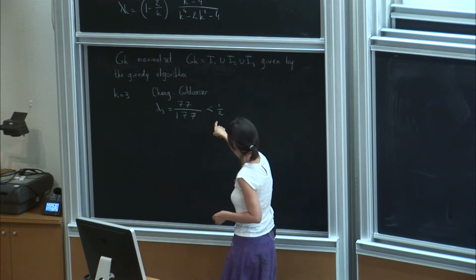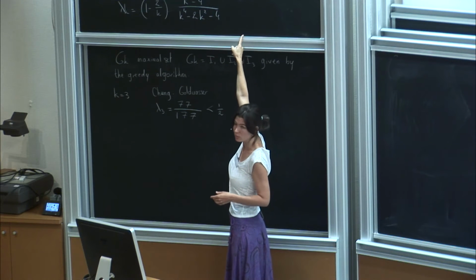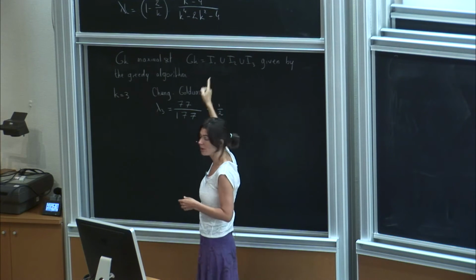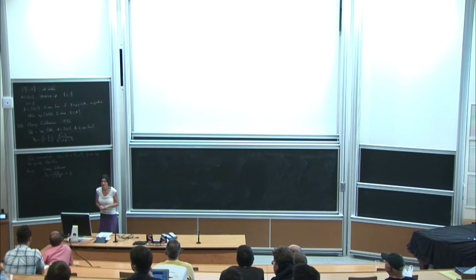And this lambda 3 is actually given by this formula taking k equal 3. So that was a conjecture made in '86 also. And it took us a long time to prove this conjecture. There was the first result by Matolcsi and Ruzsa.